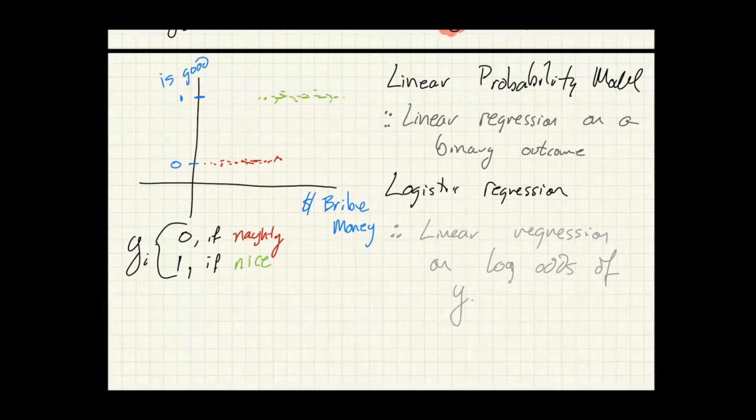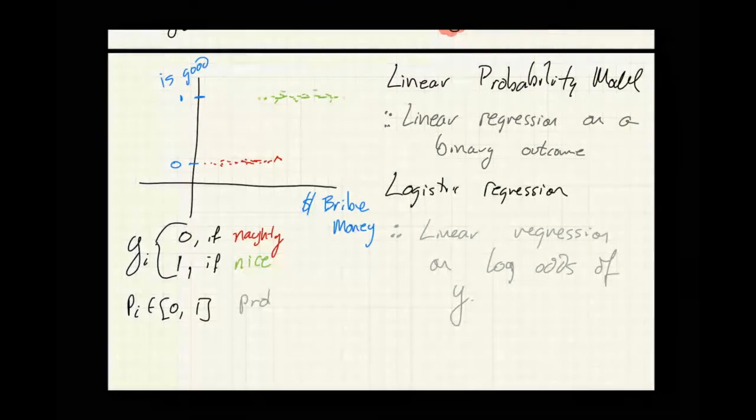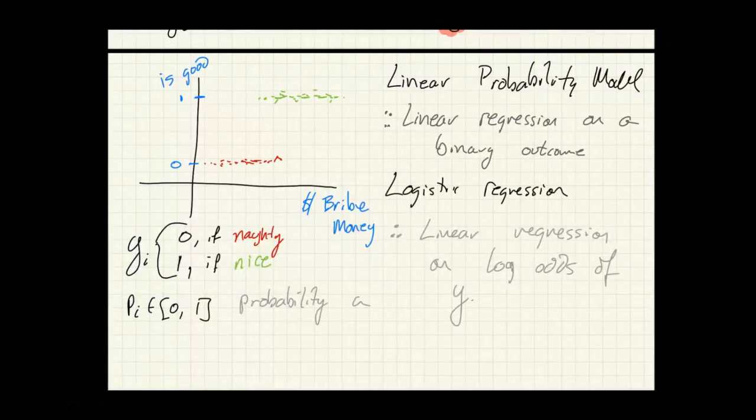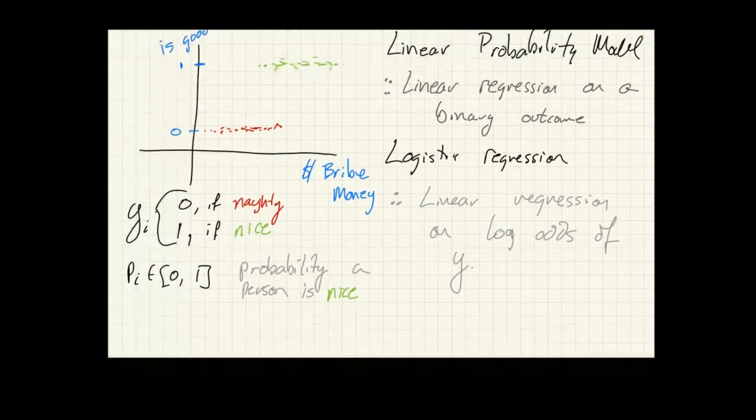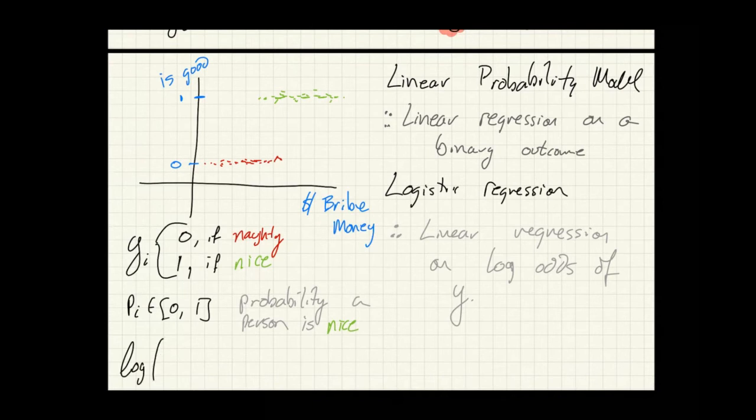Then I introduce some kind of implicit thing that we don't actually see, which is pi, which falls between 0 and 1, which is defined as the probability a person is nice, and I say that I'm modeling the log odds, which is the log of p divided by 1 minus p, using a linear regression.